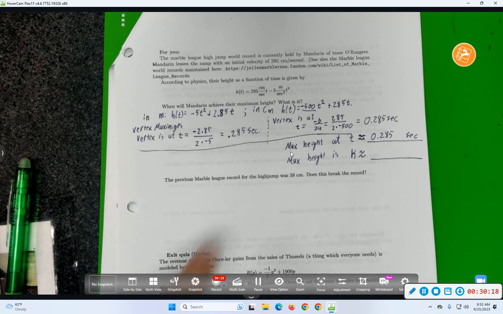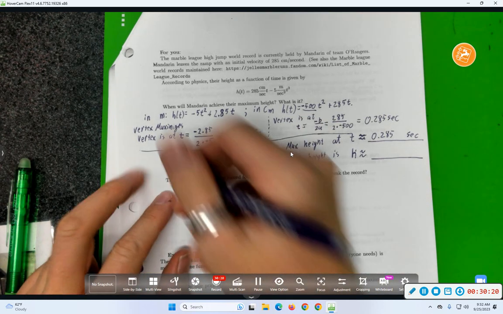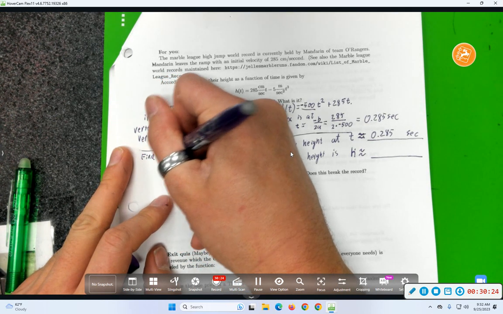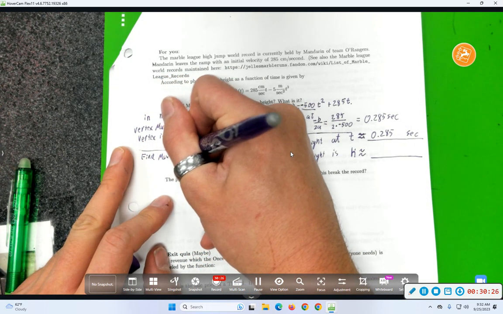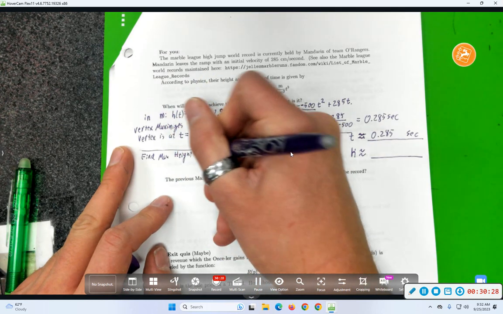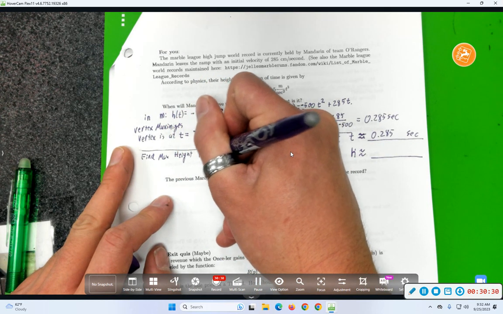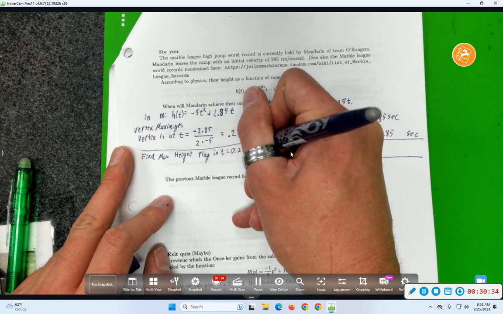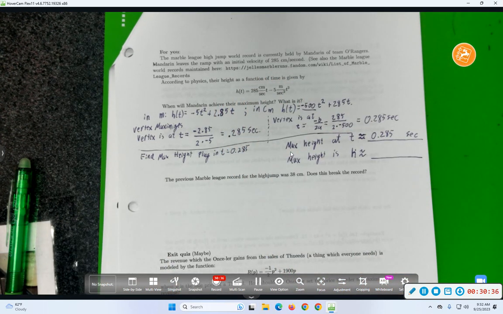The formula in centimeters was this one. To find max height, plug in t equals 0.285. And again, we could do this by hand, but I think it's just enough digits that I won't.